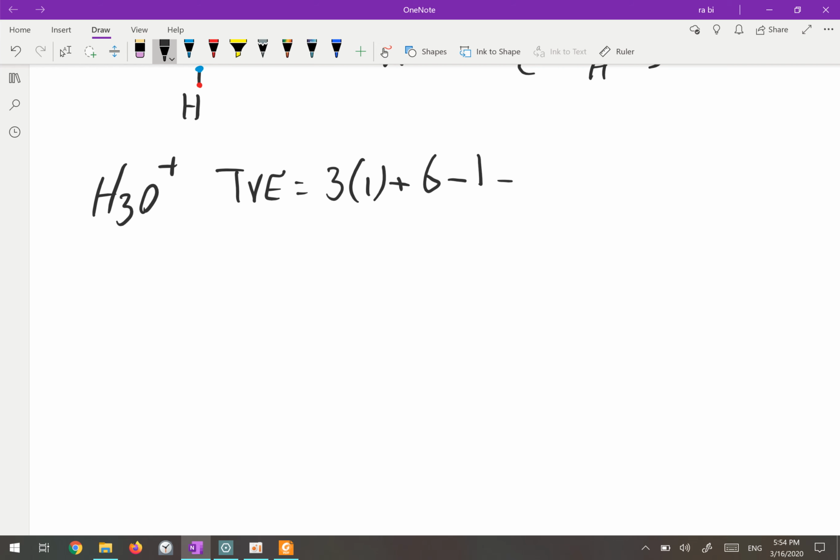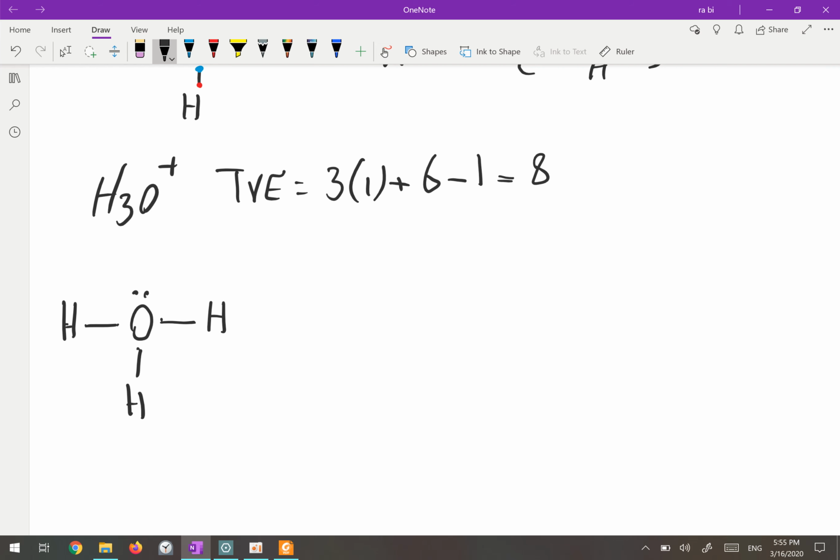So the total valence electron for this ion becomes 8. Oxygen comes to the center, with single bonds to the three hydrogens. You have to make the oxygen an octet: 1, 2, 3, 4, 5, 6, 7, 8. If you count the electrons, the total valence electron is 8, same as what you have here. So this is the correct Lewis structure for H3O plus.